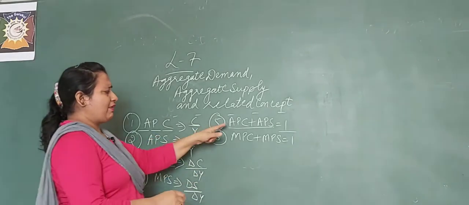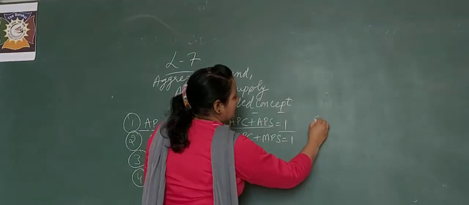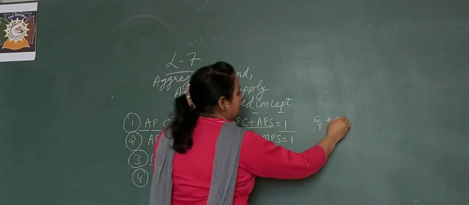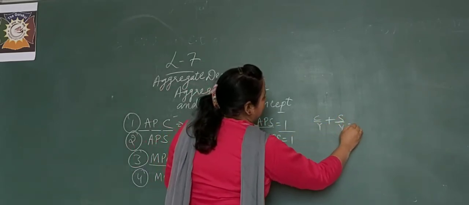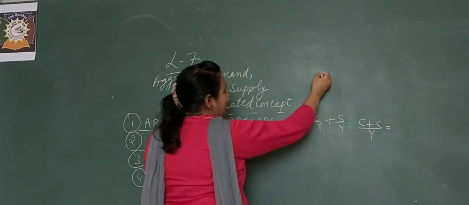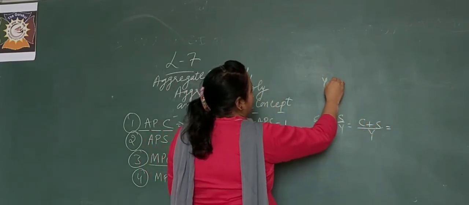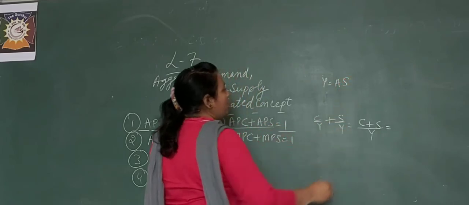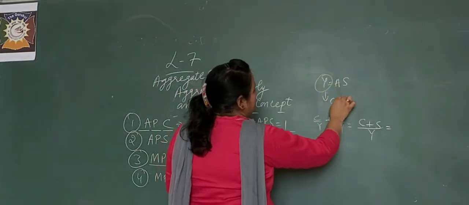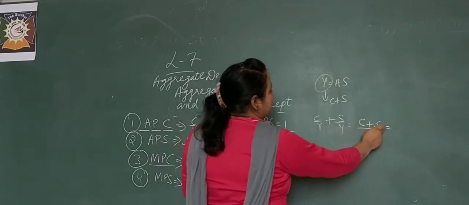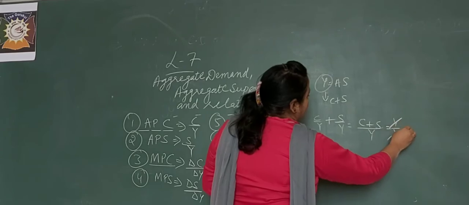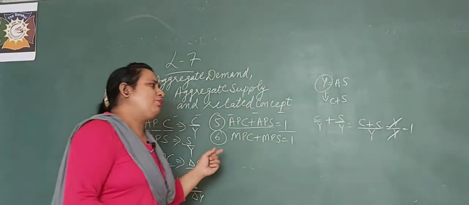APC is equal to C upon Y and APS is equal to S upon Y. Y is the LCM, so C plus S. We know that Y and AS are identical, and Y we can denote as C plus S. So C plus S is equal to Y. It will be cut, and it is equal to 1.